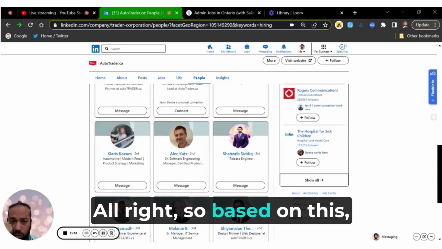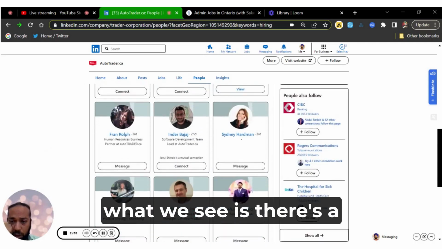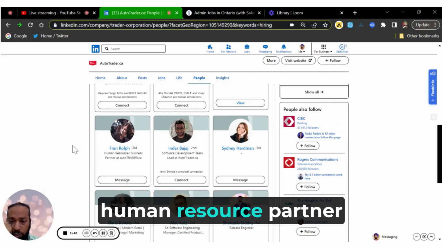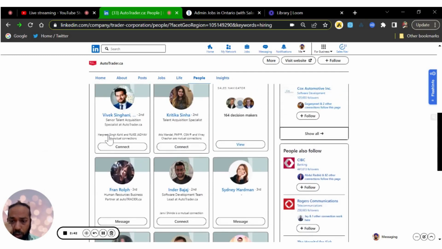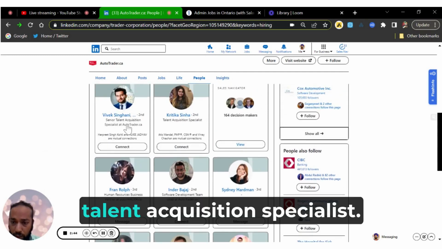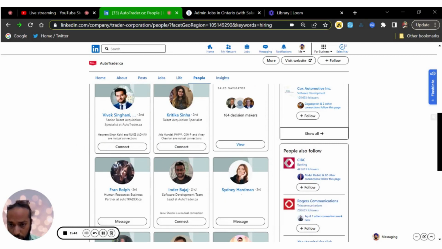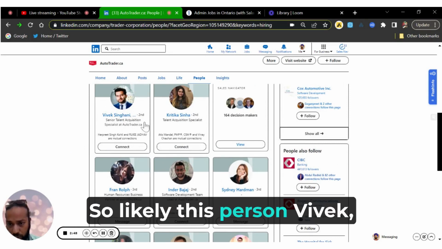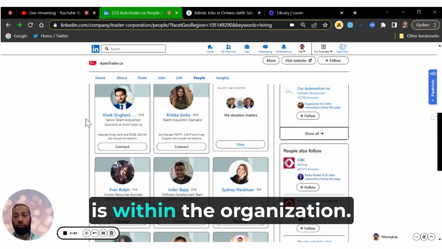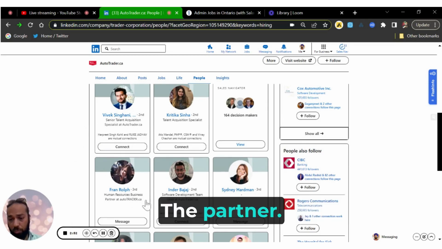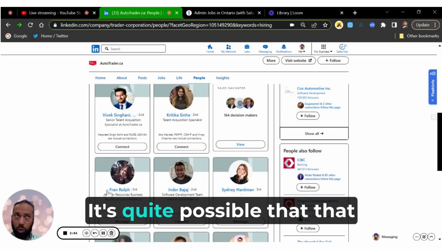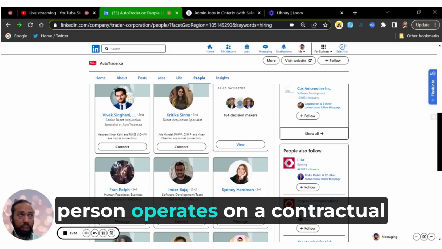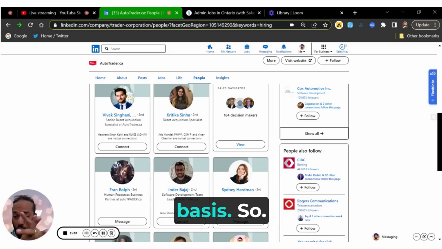All right. So based on this, what we see is that there's a human resources partner. There is a senior talent acquisition specialist. So likely this person, Vivek, is within the organization. The partner, it's quite possible that that person operates on a contractual basis.